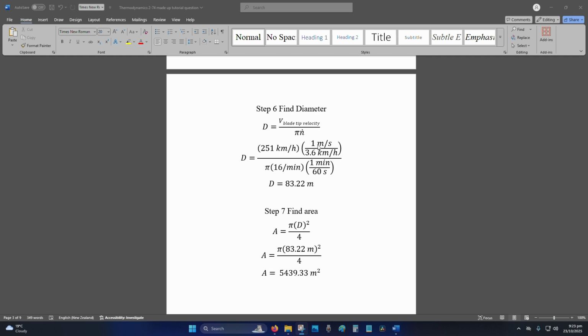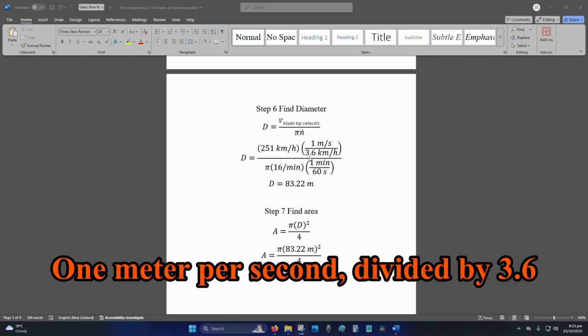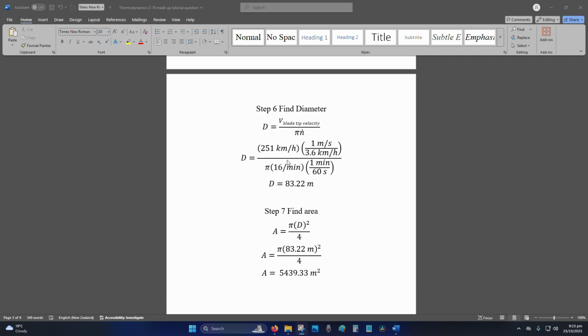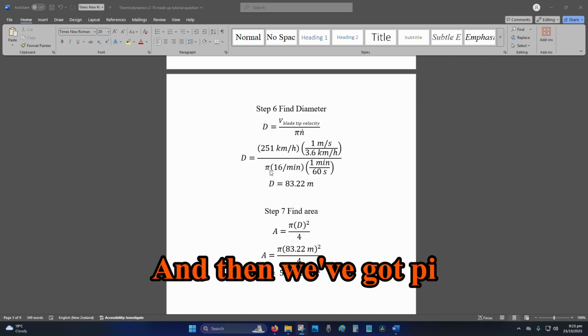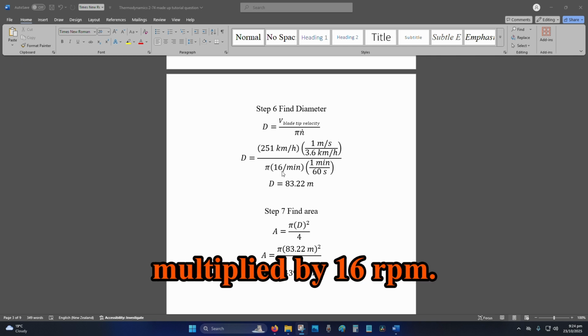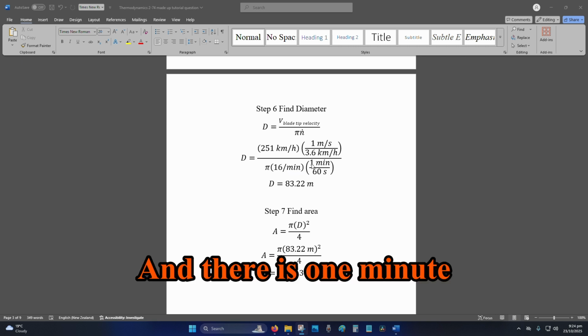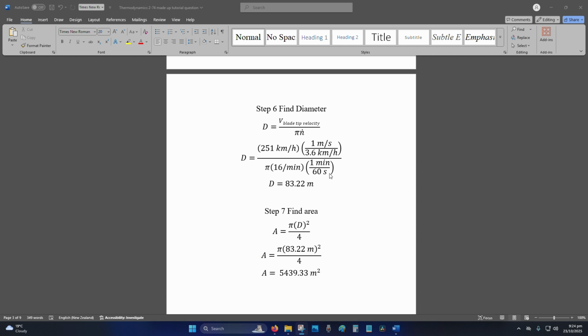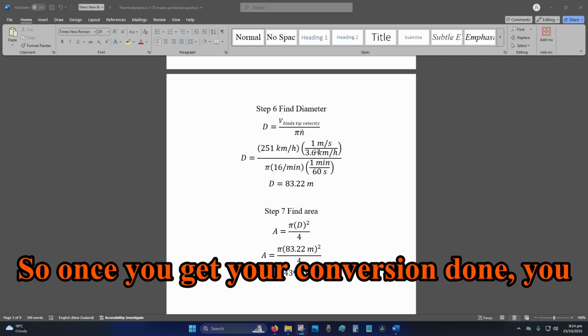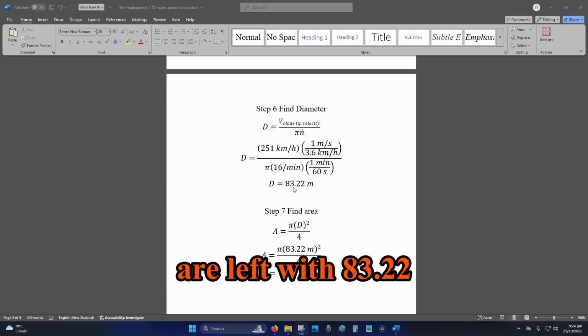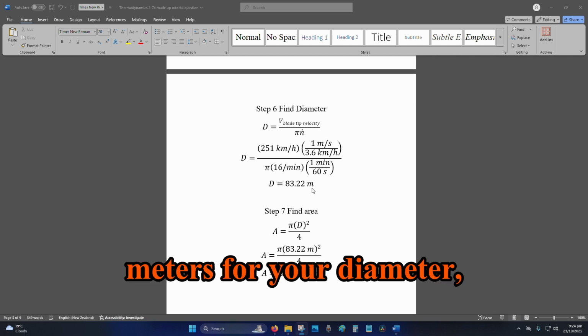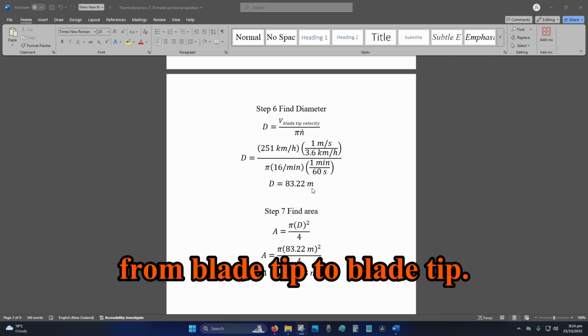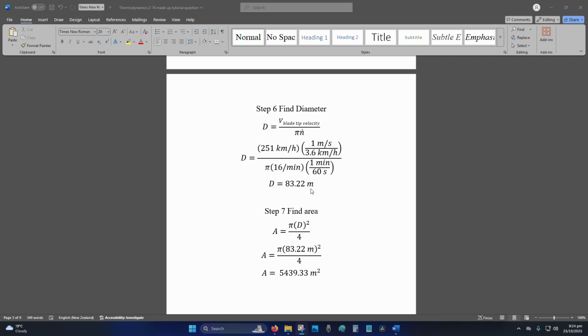Here's the conversion factor, 1 meter per second divided by 3.6 kilometers per hour. And then we've got pi multiplied by 16 RPM, and there's 1 minute divided by 60 seconds. Once you get your conversion done, you are left with 83.22 meters for your diameter from blade tip to blade tip.